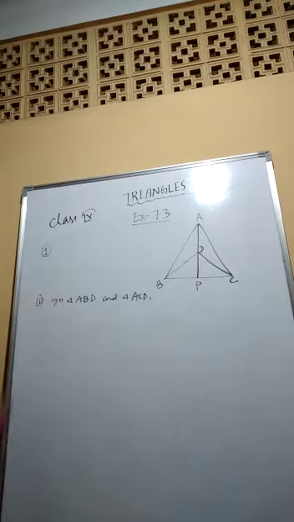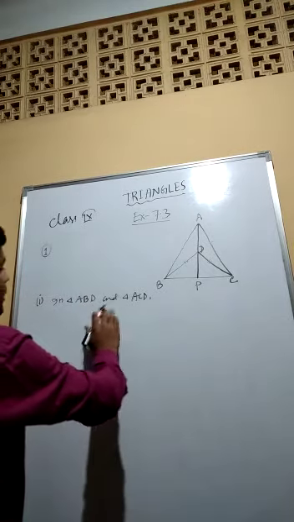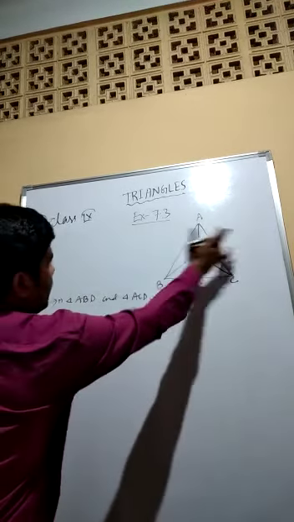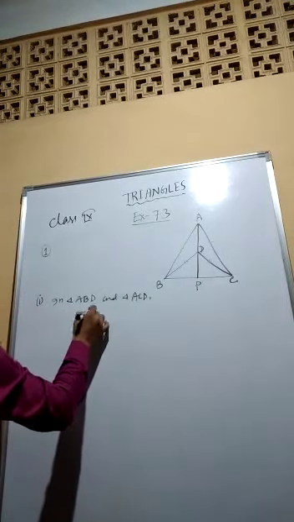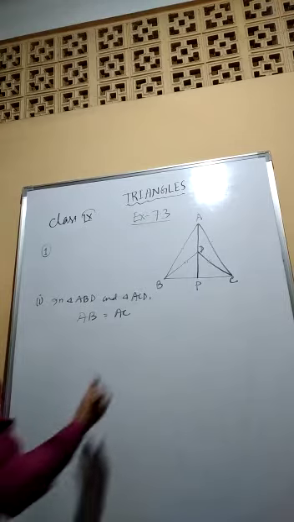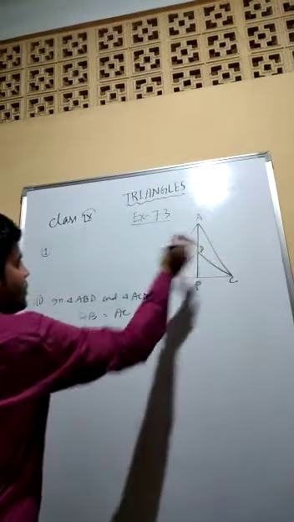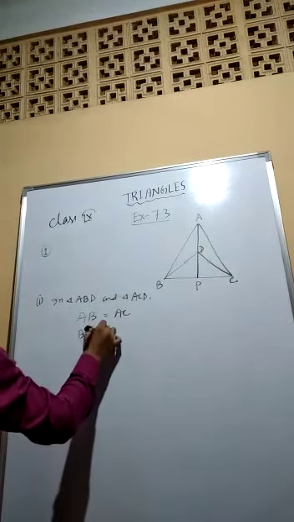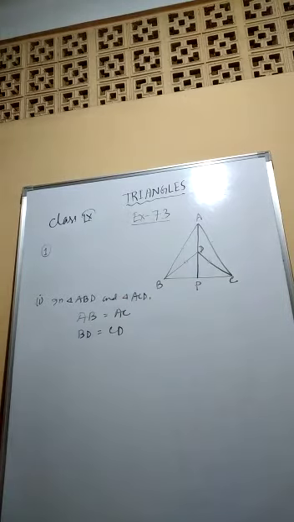Now find the three conditions in triangles ABD and ACD. You see this side equals this side, so easily you can write AB equals AC. Next, BD equals CD.